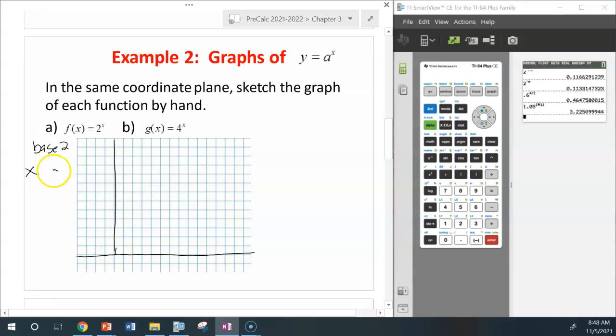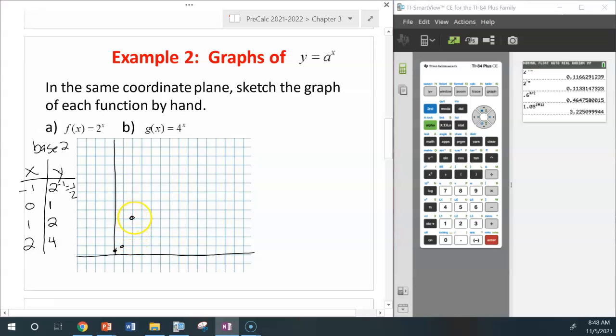I'm going to set up an xy table, and I'm going to use -1, 0, 1, and 2 for my x's. So -1 is going to be 2 to the -1, and that equals 1/2. And then 0 is 2 to the 0, that is 1. Put in 1, you get 2 to the 1, that is 2. Put in 2, you get 2 to the 2, which is 4.